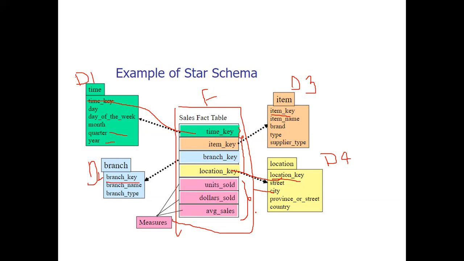Now, what happens sometimes? Sometimes the dimension tables keep on increasing. The data will be very huge and it is very difficult to manage the consistency and the load, right? So at that point of time, we will try to normalize these dimension tables.